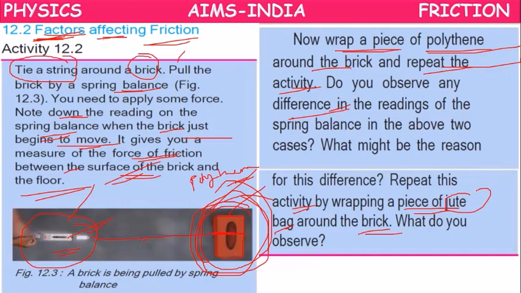At that time we have to apply more force, because there will be more friction because of the rough surface. Because of the smooth surface of the polythene bag, friction will be less. So the frictional force depends on the type of surface, whether it is smooth or rough. Based on the type of surface, the frictional force changes, and the applied force also changes.